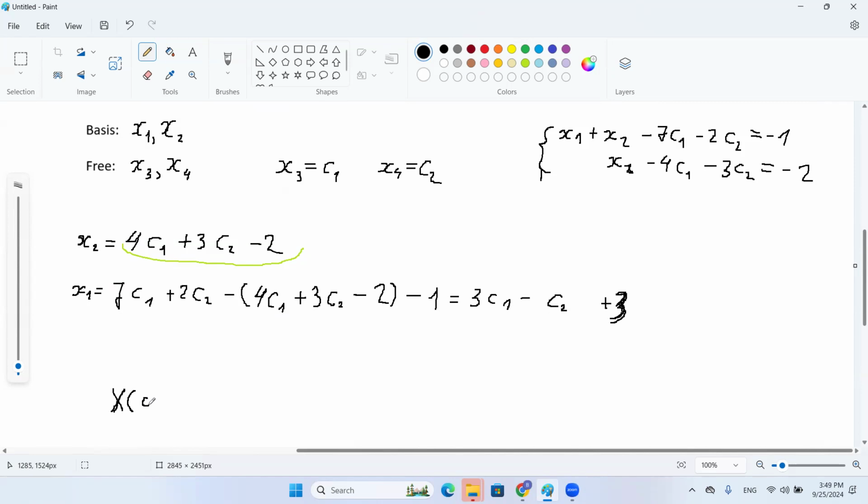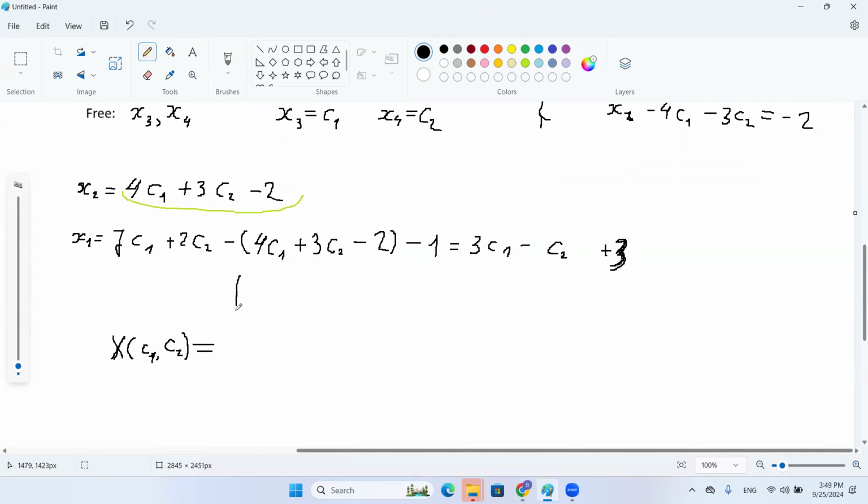And now we will write the general solution in this way. It will have the next form. It depends on C1 and C2, and the first elements will be our free variables, and then basis variables.